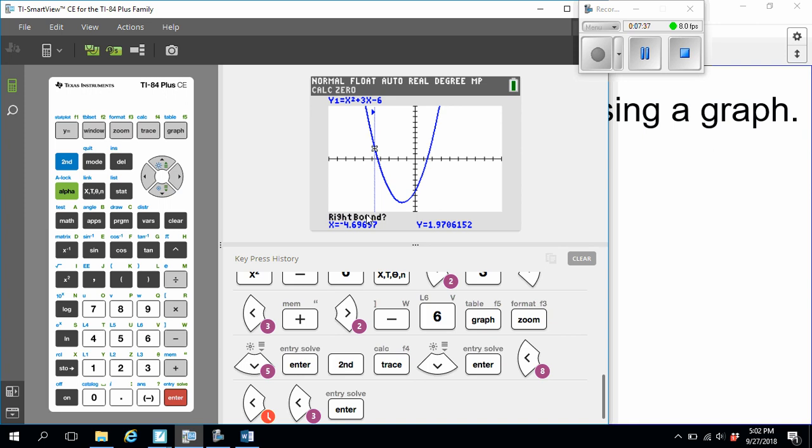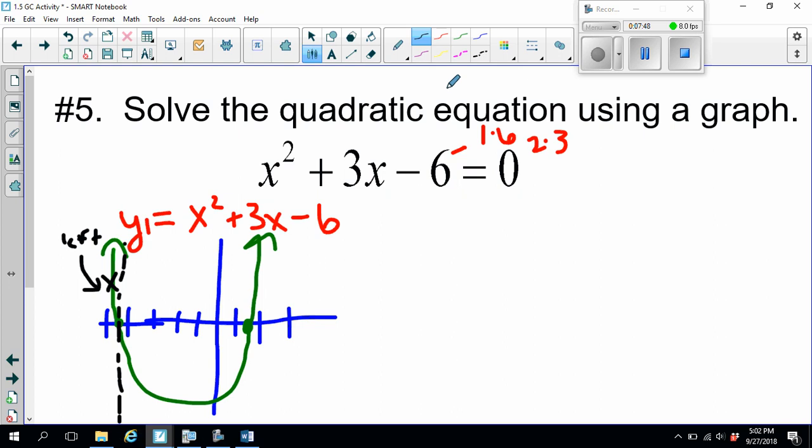Now what we need to do is right bound. So that means we need to do the right-hand side of our x-intercept. So I'm going to go back to our sketch to decide what this is. Okay, so right-hand side, it seems like anything that's below our x-axis. Now, we don't want to get too close to the vertex.